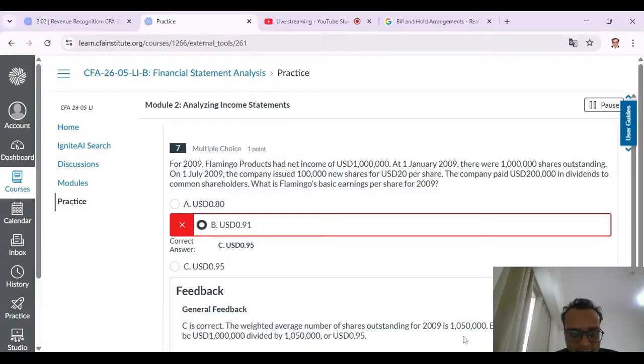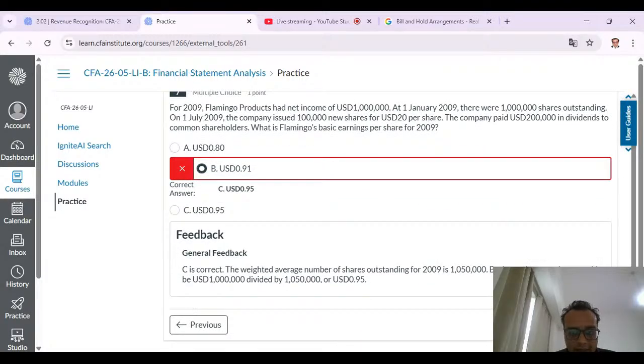C is correct. The weighted average number of outstanding is 105.